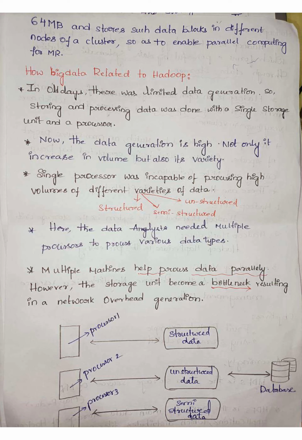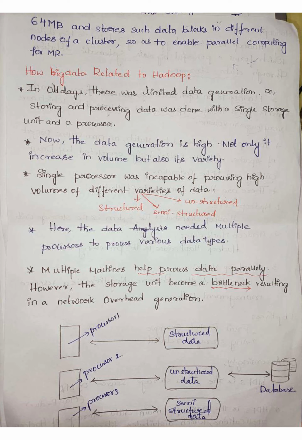Now again a problem is observed. What is the bottleneck here? Whenever there is network overhead generation, any overheads in the network. So what is the solution again? How can the processors access the data?